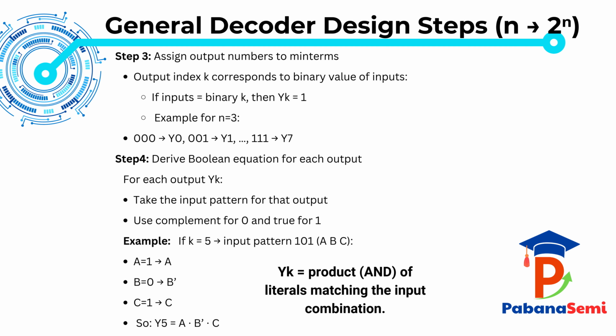If k equals 5, the input pattern is 101 for inputs A, B, C. That means A equals 1, use A, B equals 0, use B prime. C equals 1, use C. So the output equation becomes y5 equals AB prime C. So in general, every decoder output is simply a minterm, which is an AND product of literals that exactly matches that input combination.